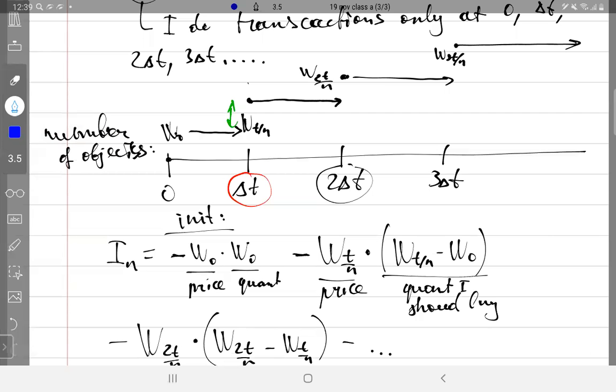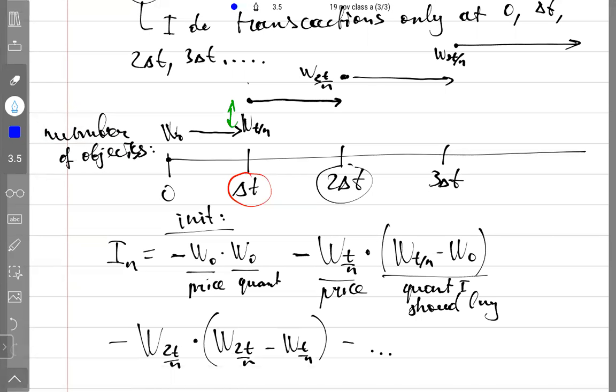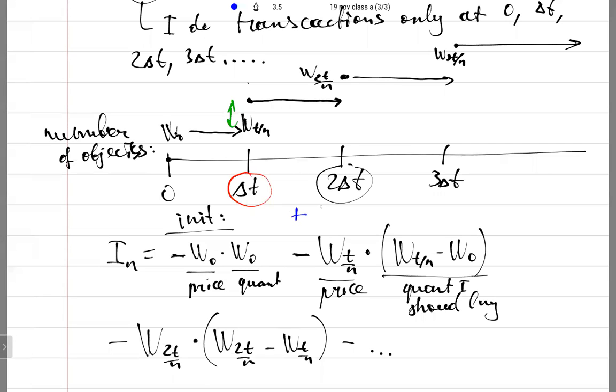If you sell, then you will have a plus price, and the number of objects you sell is what you have, W_0, minus the amount after the transaction. So the result from a mathematical viewpoint will be the same. It doesn't matter whether you add with minus or subtract with plus.